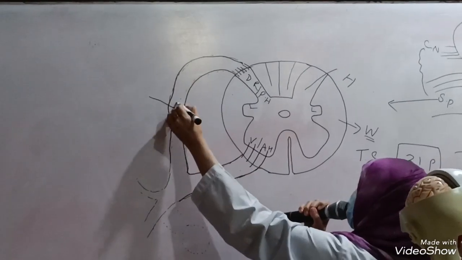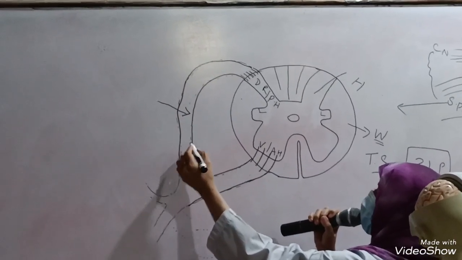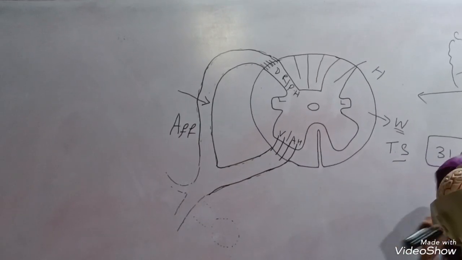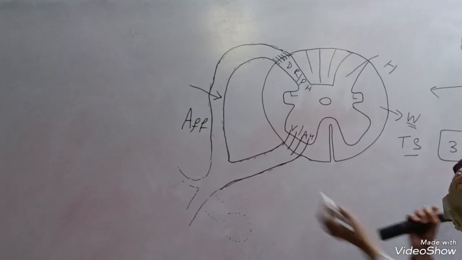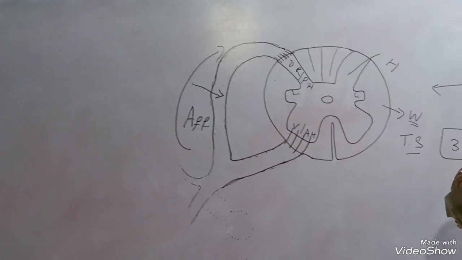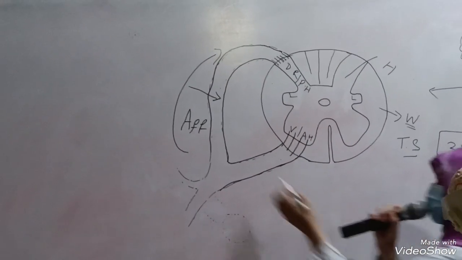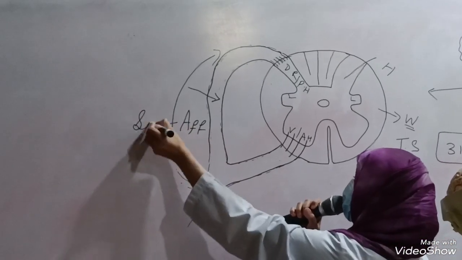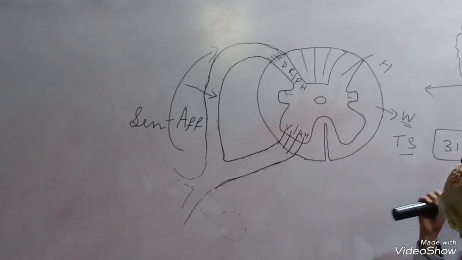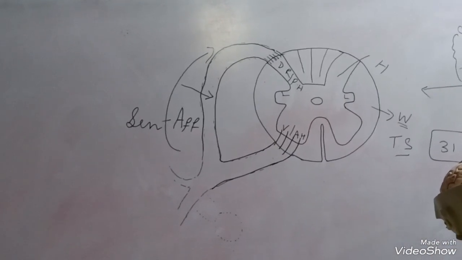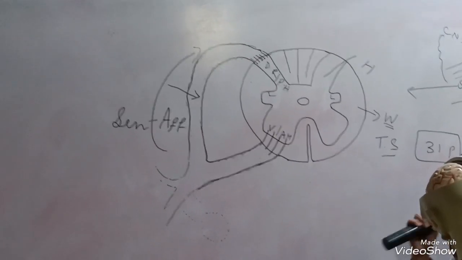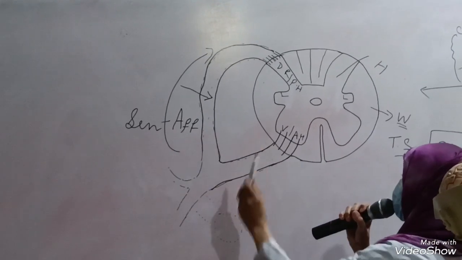This dorsal root is afferent in nature. Afferent means that it is taking information towards your CNS or spinal cord. And what type of information is it carrying? It is carrying sensory information. So we can say that this dorsal root is afferent or sensory in nature. Okay? Pure sensory. No other information is going through this root.